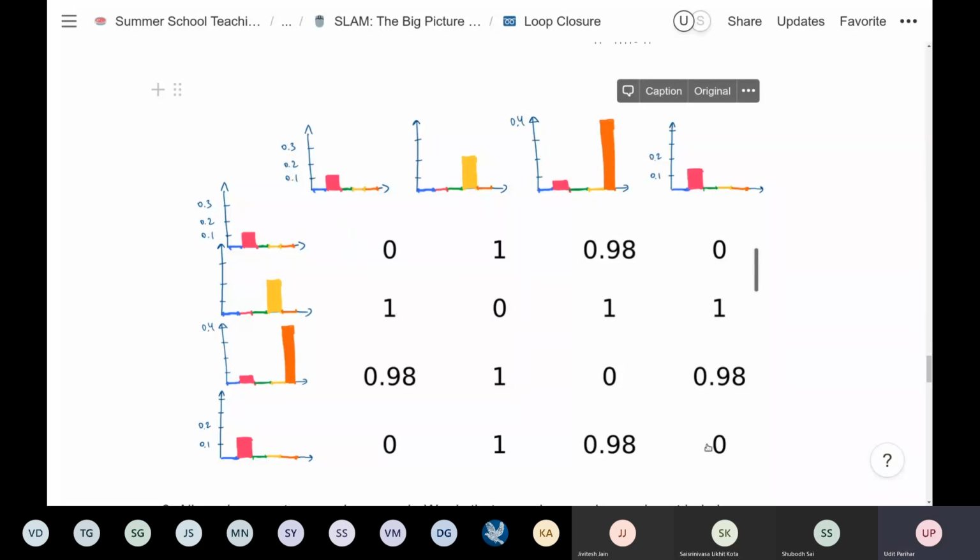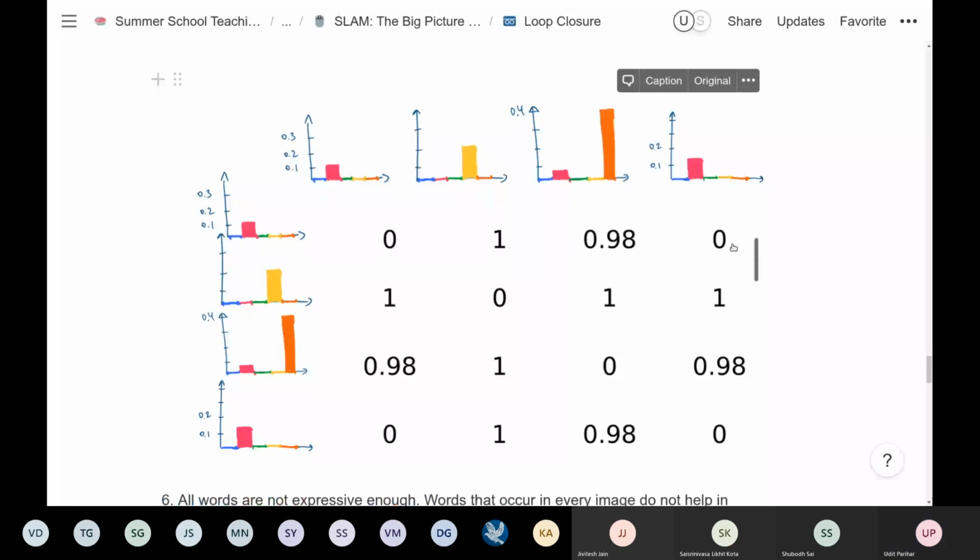And also the first and the fourth image histograms are quite similar, that's why we also get a 0 value corresponding to that. It means the first image is quite similar to the fourth image as well, that's why we get a 0 value along this coordinate and this coordinate as well. But the rest are not the same. This image and this image are not the same, that's why we get a 1 value, and other values are quite high, like 0.98 and 1. But the first and fourth are the same, that's why we get a 0 value. So this is what we want from our cost matrix.